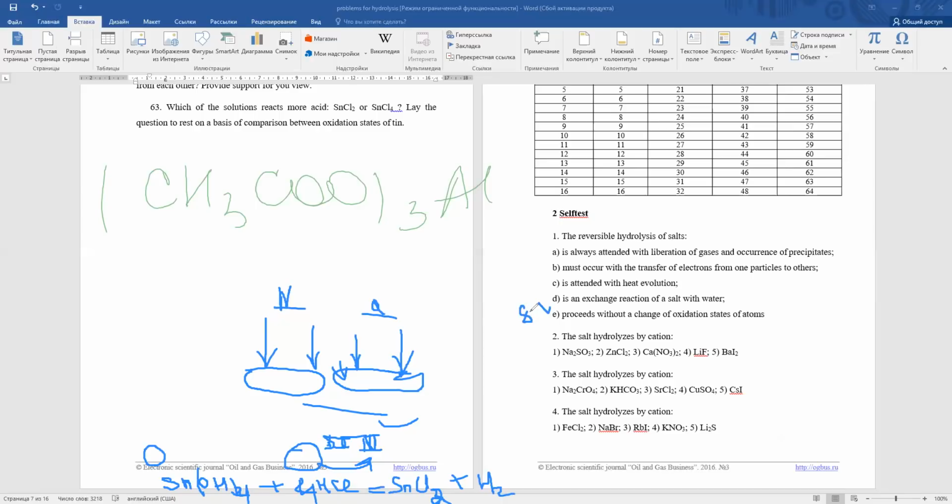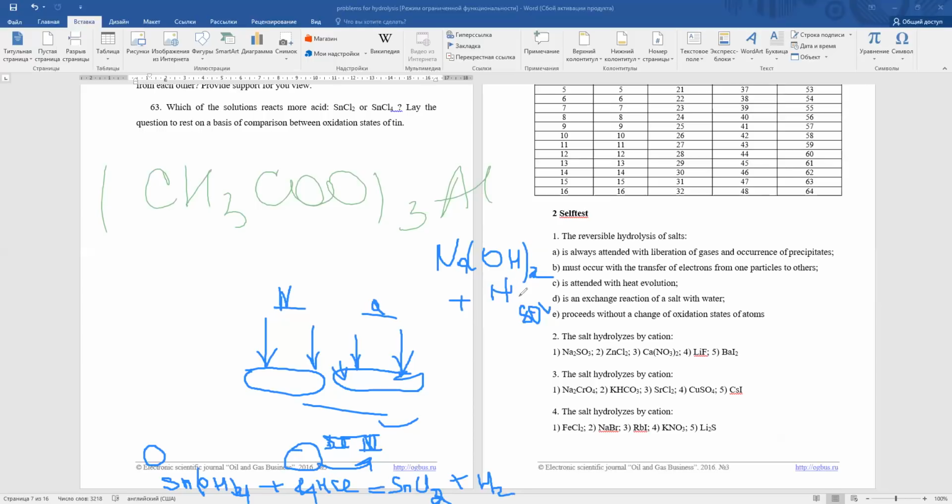Why? Because we have neutralization reactions, which are not hydrolysis reactions.